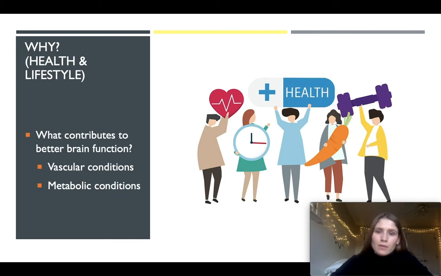So, if you're wanting to know how to help keep up your cognitive function and the function of your brain that may be important for Alzheimer's disease, then diet, exercise, and keeping yourself healthy is definitely a contributor to that.